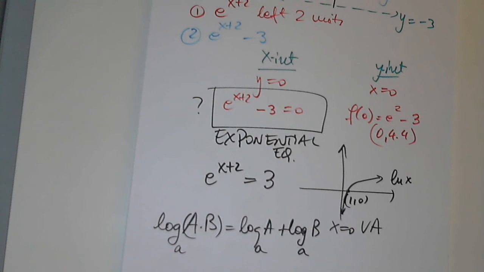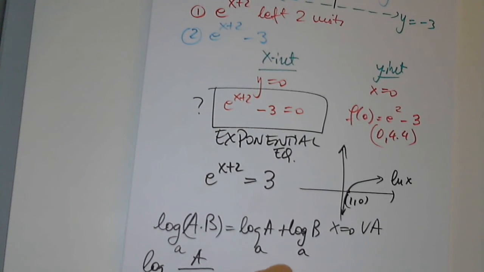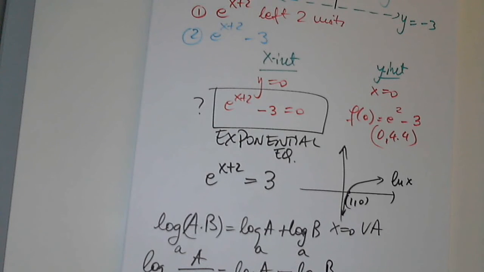Is this clear or a little fuzzy? Okay. The one with the quotient is identical but with minus. And these properties have to be understood in a dynamic way, meaning if I'm given this, I can condense like that.